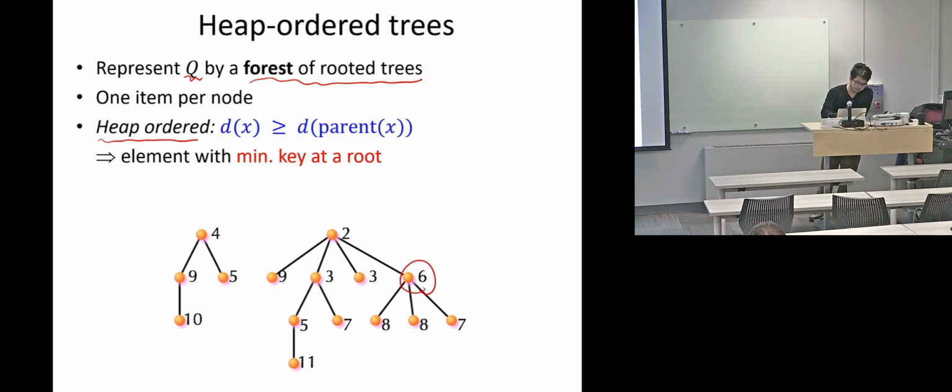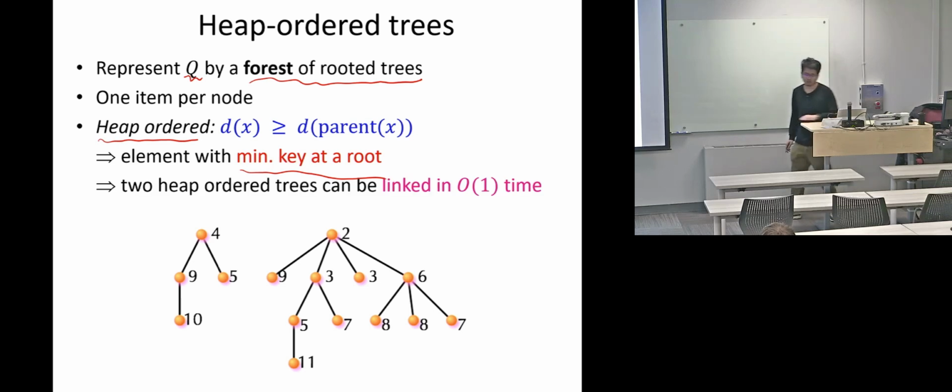Like this guy is larger than the parent, and this is true for every parent-child pair. So this means the minimum key is always at some root of my forest. So that's the heap order tree.